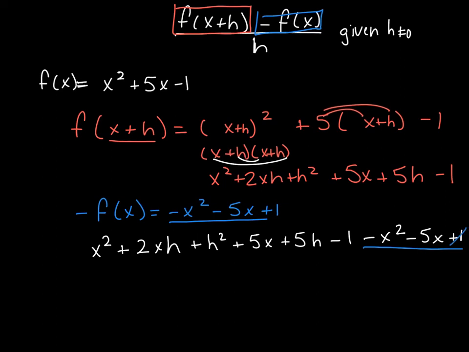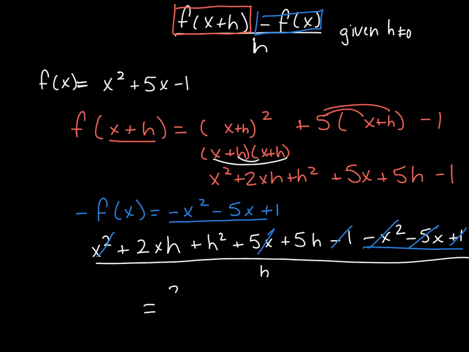So the 1 and the 1 cancel, the 5x and the 5x cancel, and the x squared and the x squared cancel. So again, this is all over h. What do we have left? We have 2xh plus h squared plus 5h all over h in the denominator.